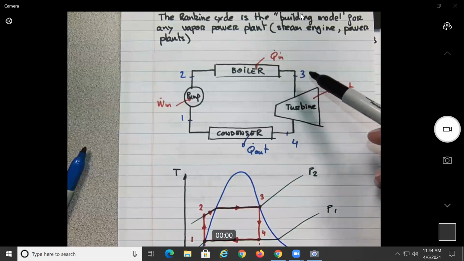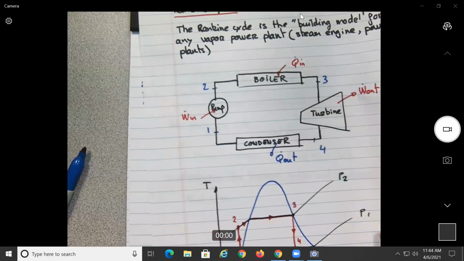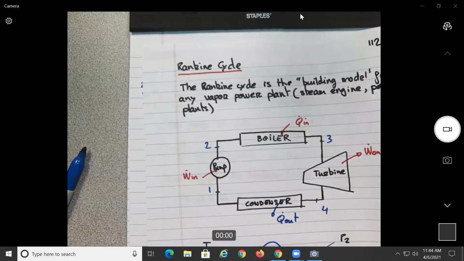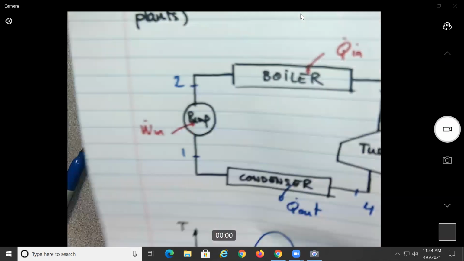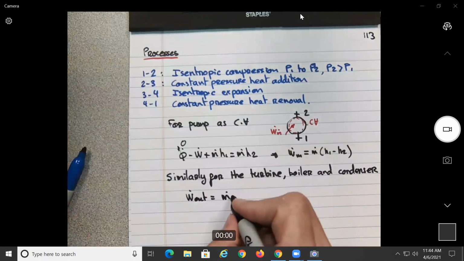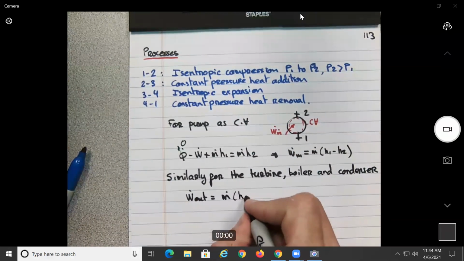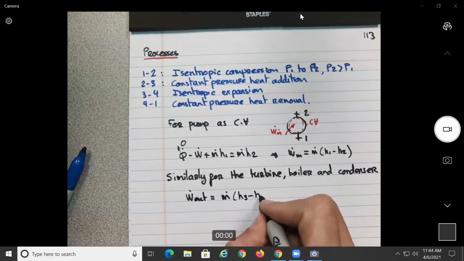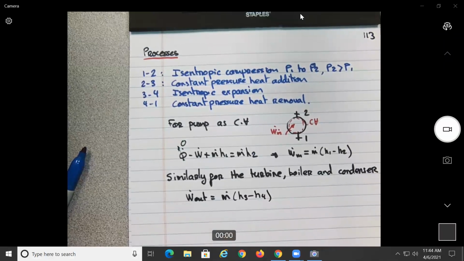Similarly to H1 minus H2, we're going to have H3 minus H4, no? So M dot (H3 minus H4).